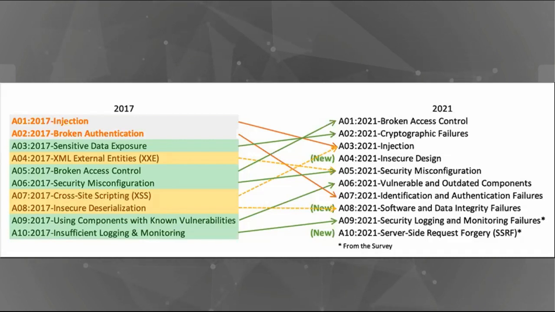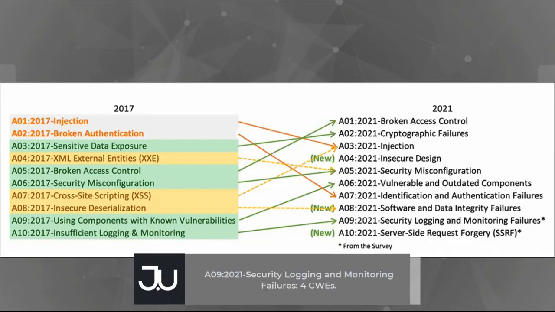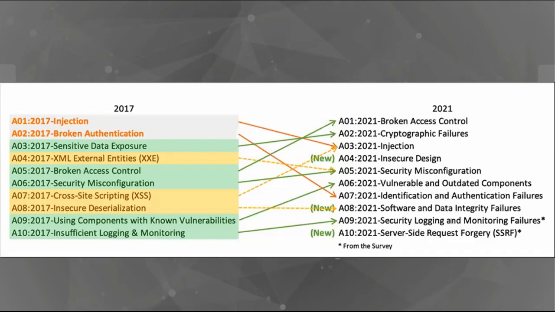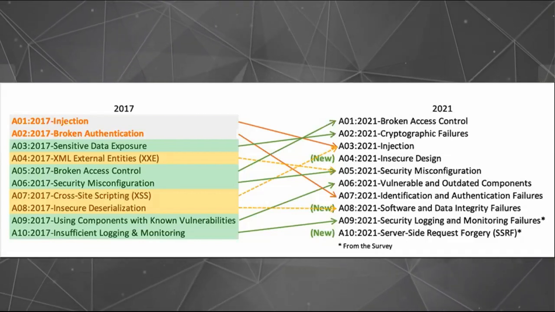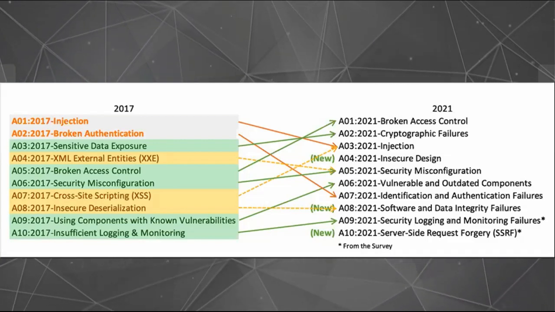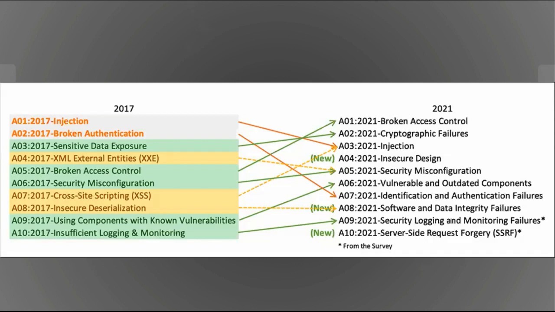Cool, and I think the next one, which used to be last year, and it was known as insufficient logging and monitoring, has now moved one step ahead, which is called secure logging and monitoring failures. So again, it's not like it's gone or is irrelevant, but it's saying that, look, we still need to ensure we're logging and we're monitoring, and some people fail to understand the need of ensuring secure logging and monitoring.